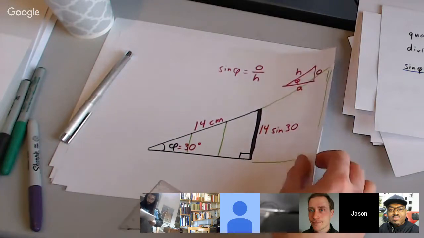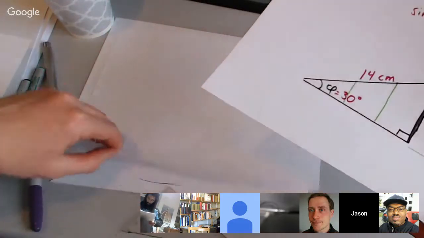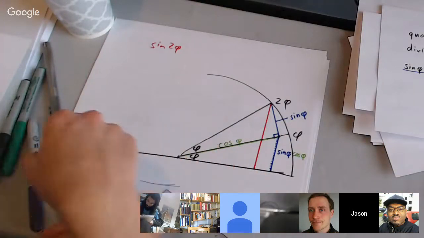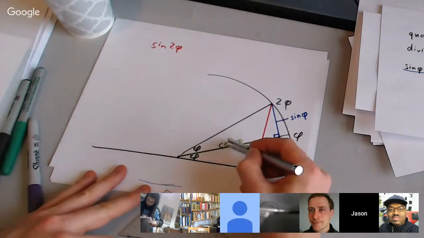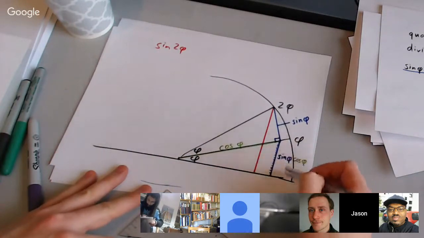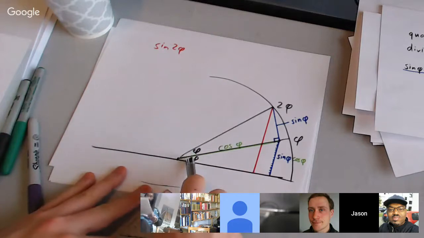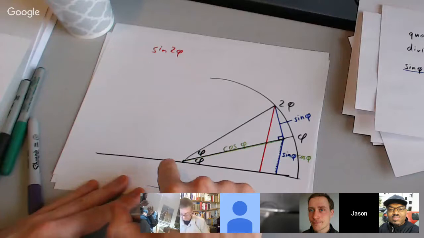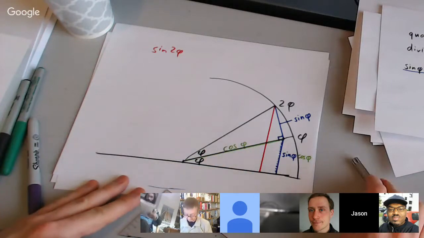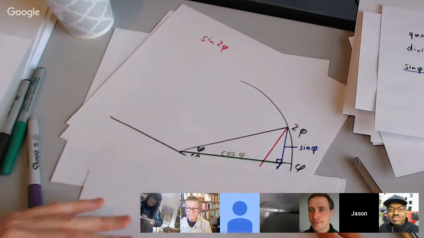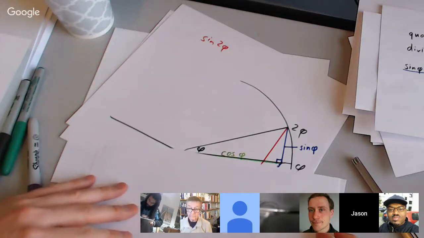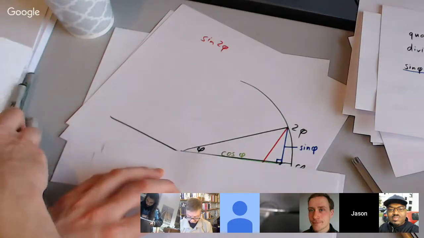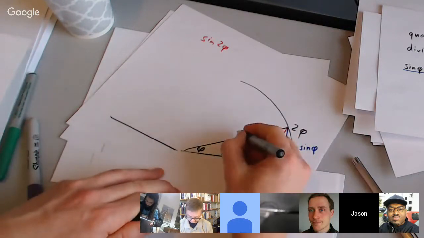So among the many triangles that have an angle of phi, I could have drawn the line down anywhere. I could have made a whole bunch of right triangles that have an angle of phi down here in their corner. But the specific one that we chose to draw has a hypotenuse of cosine of phi because it was made from this triangle. And this time there's no number in front of it. That's because we're saying that the initial hypotenuse is 1.